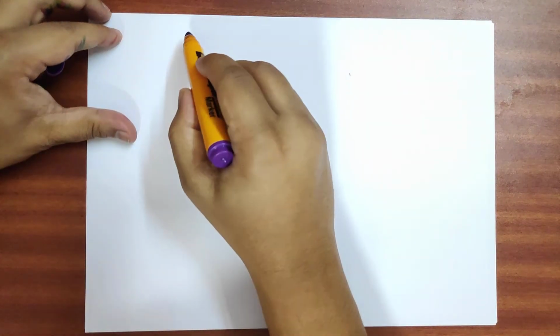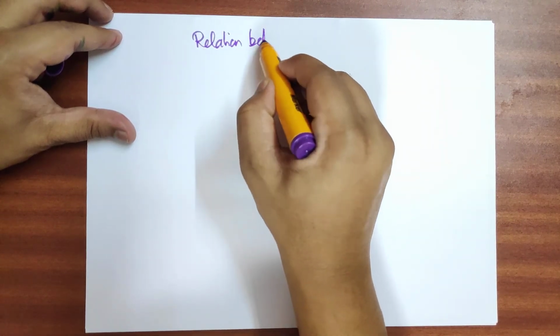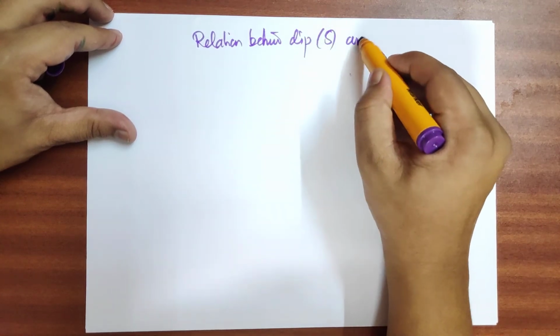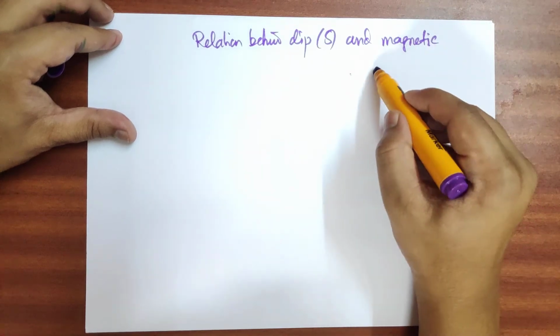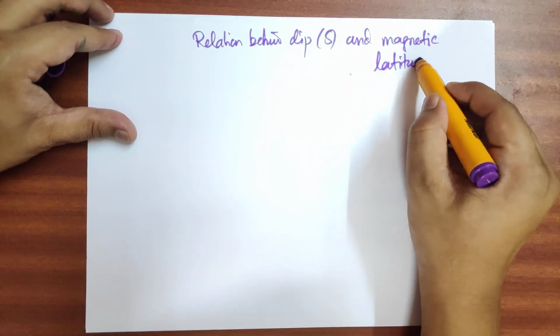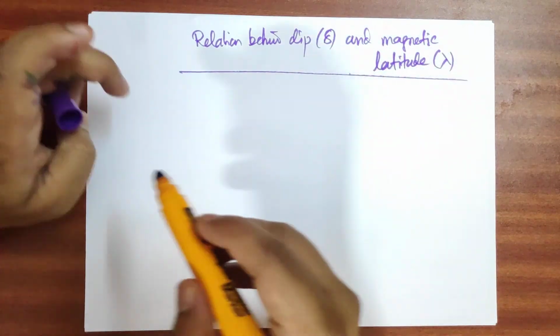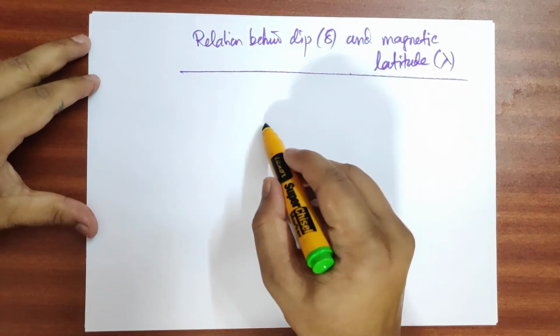This we can understand very well, the relation between dip and magnetic latitude lambda at a place. This will be quite clear from the diagram.